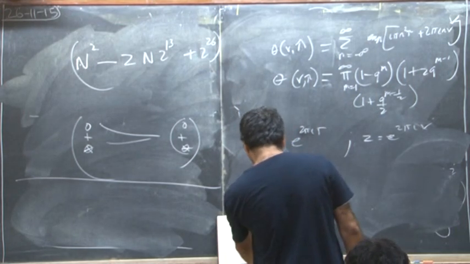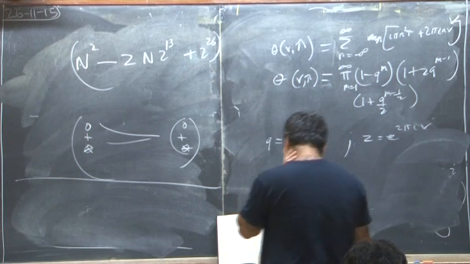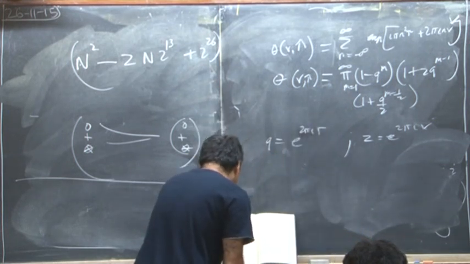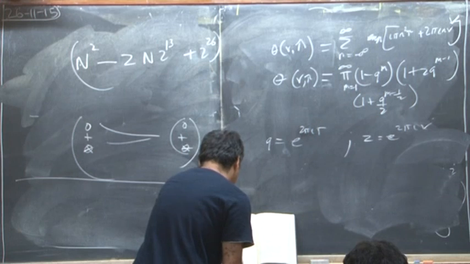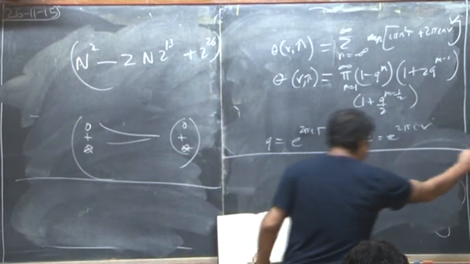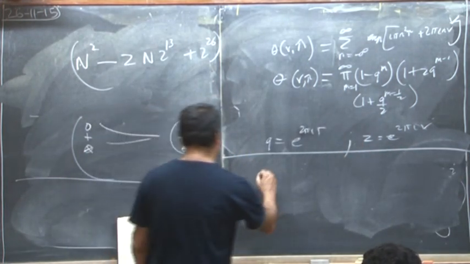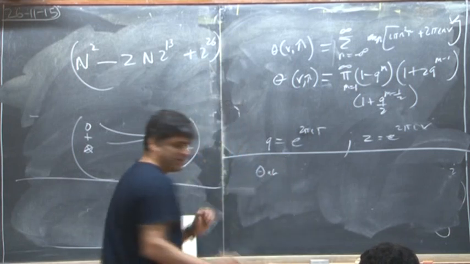Now the main point of these theta functions is, and then there are these generalizations of theta functions, which are called theta AB. So I'll try to go through them.